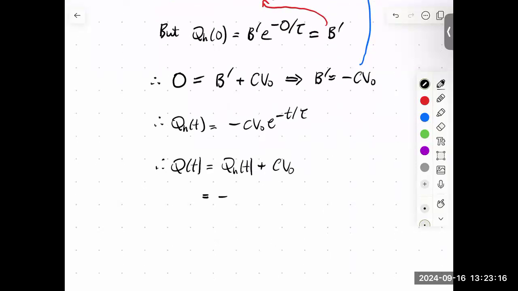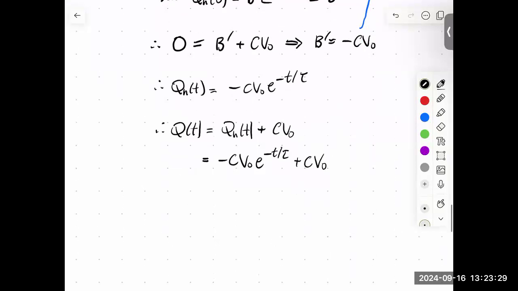But that's minus CV naught e to the minus t over tau, plus CV naught. Both those terms have the same common factor of CV naught, and so we can pull it out, and we can get our final solution. Q of t is equal to CV naught times 1 minus e to the minus t over tau.